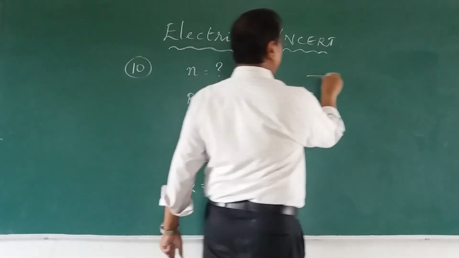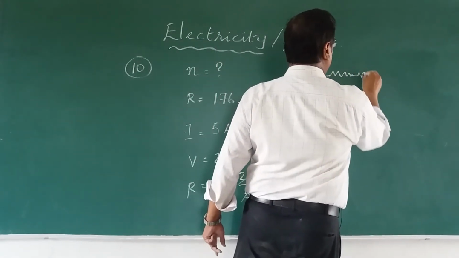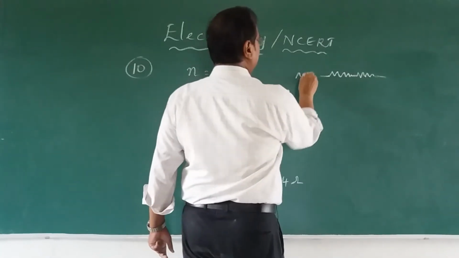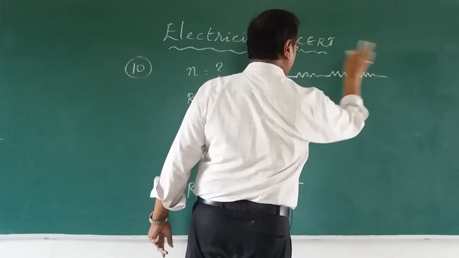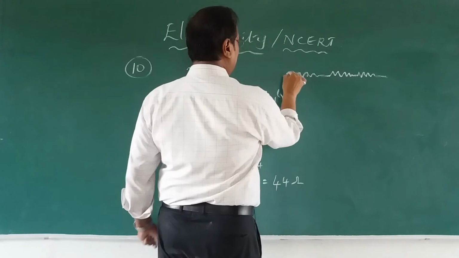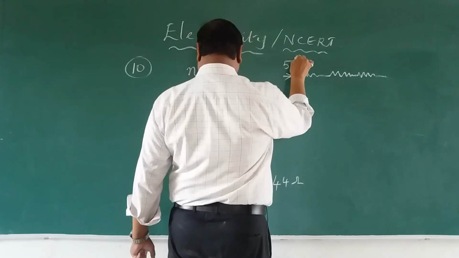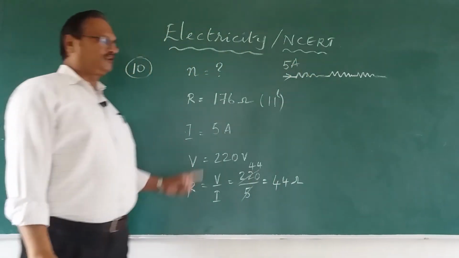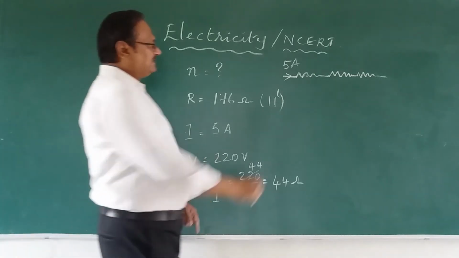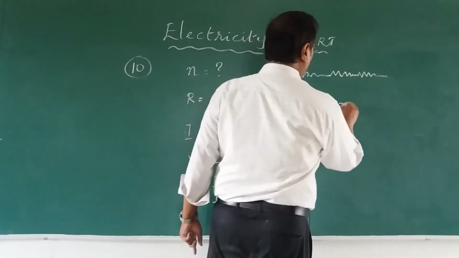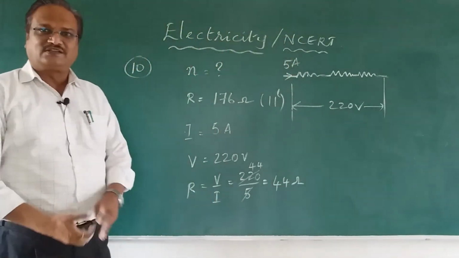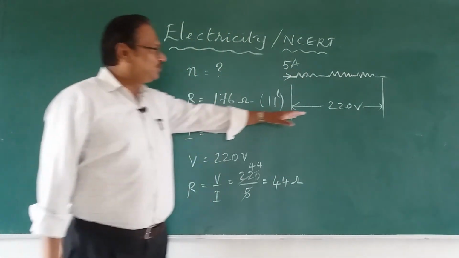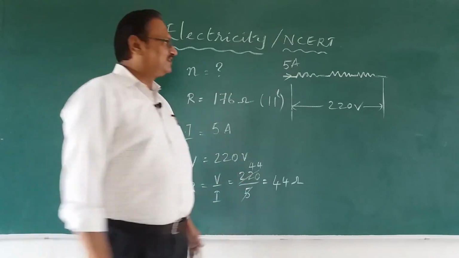See, the system is like this. Resistors are there. How many are there? We don't know. They have given the condition that a current of 5 ampere is flowing, and it is connected to a 220 volt potential difference.